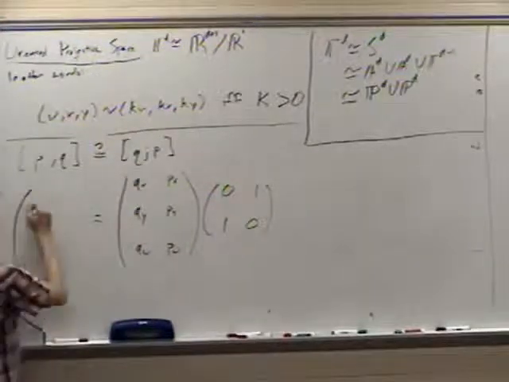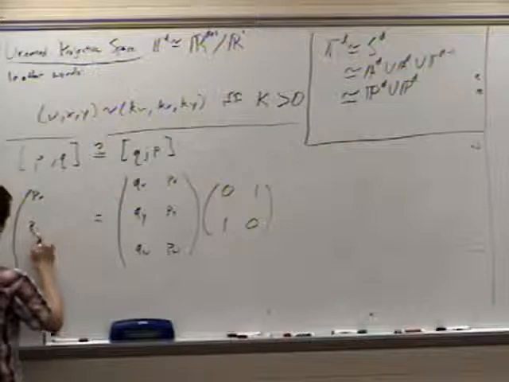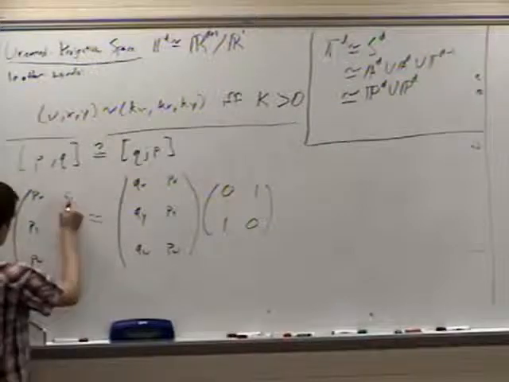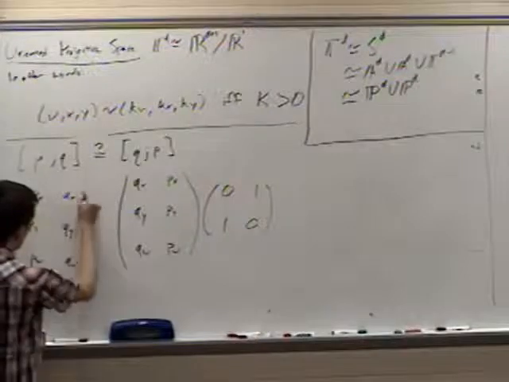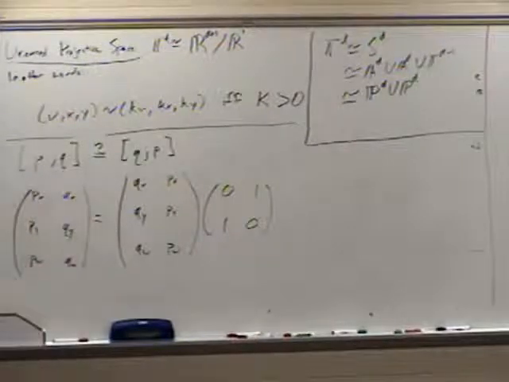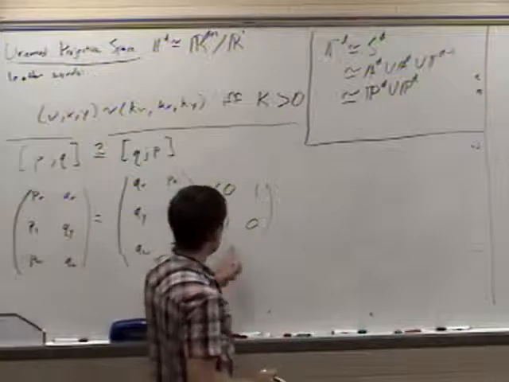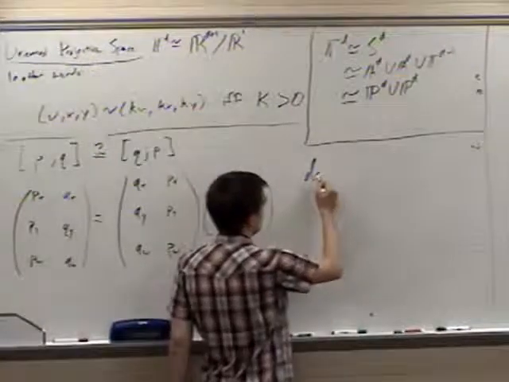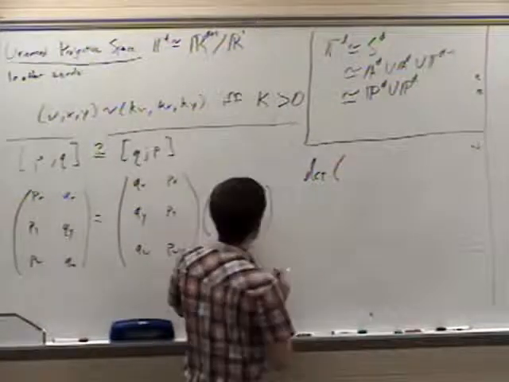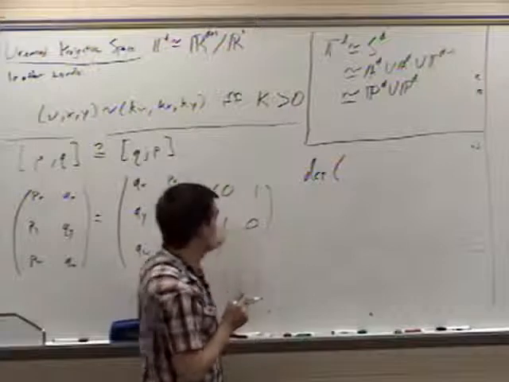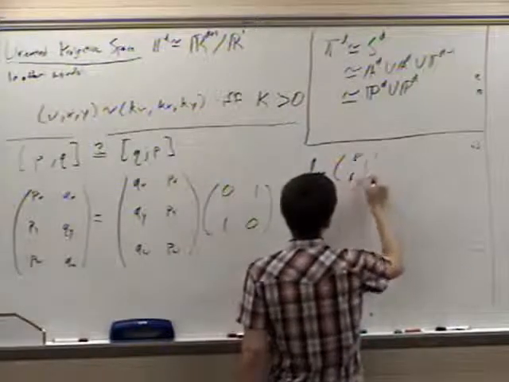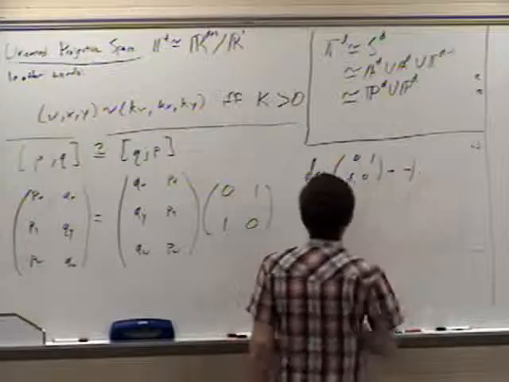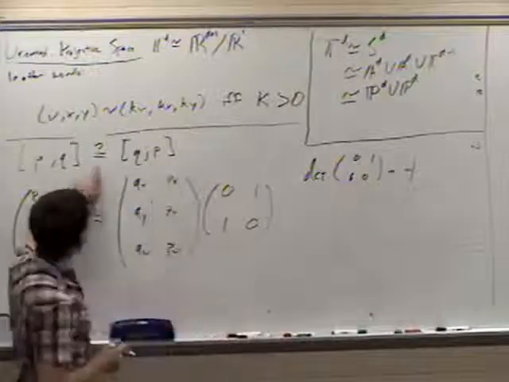So this thing here is just Px, Py, Pw, Qx, Qy, Qw. So what's the determinant of this matrix, right? Well, we can calculate that directly. So it's AD, well, that's 0, minus B times C. So the determinant of this thing is -1. So these two are not equal.